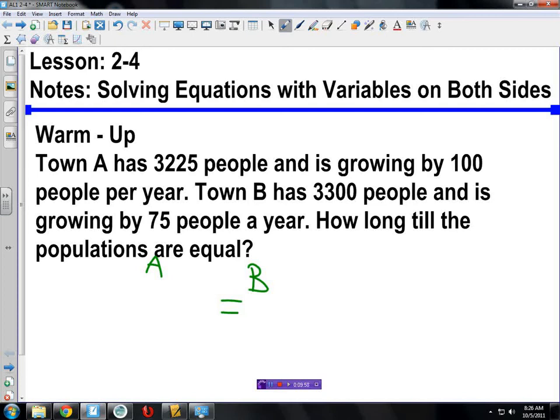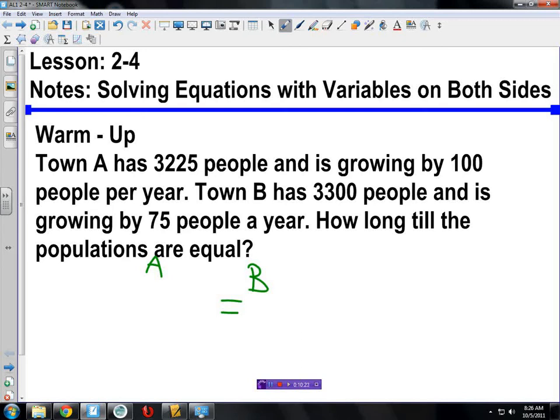What's the population of town A? How can we find that? So you just want to keep on adding the number until found. So you want to make a chart like we did before, right?